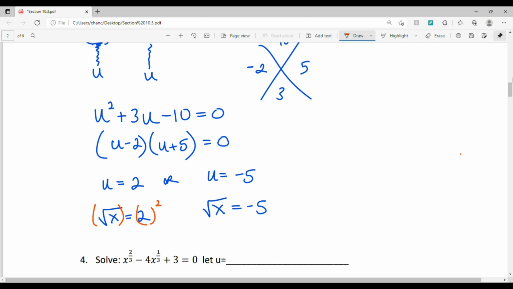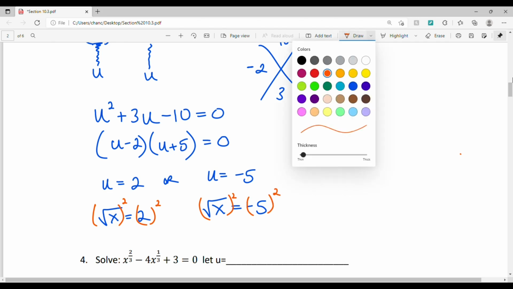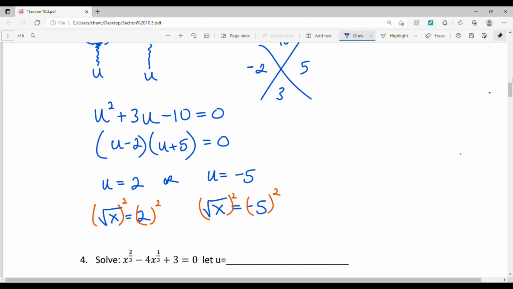Well, we'll have to square both sides of the equation. This simplifies to x equals 4 as the first potential solution. And on the other side, we have x equals 25 as our second potential solution.